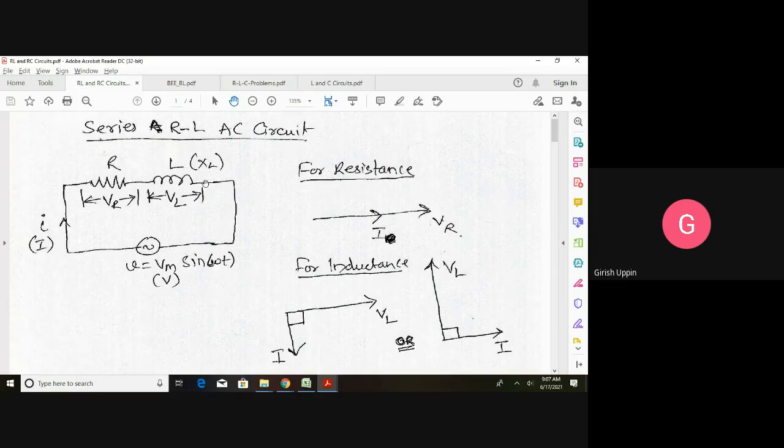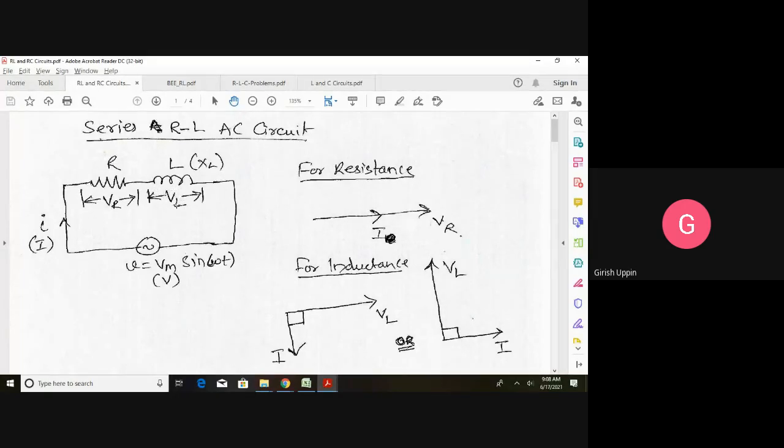Now if I take this inductance separately, what is the voltage applied across it? It is VL. So VL is applied across the inductance and the current flowing is I. And what is the relation between the current and the voltage in case of a pure inductance? The current lags the voltage VL by 90 degrees.